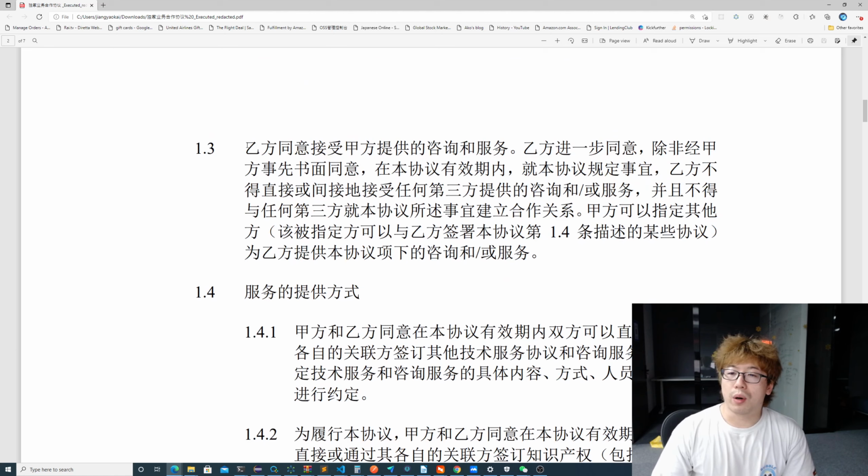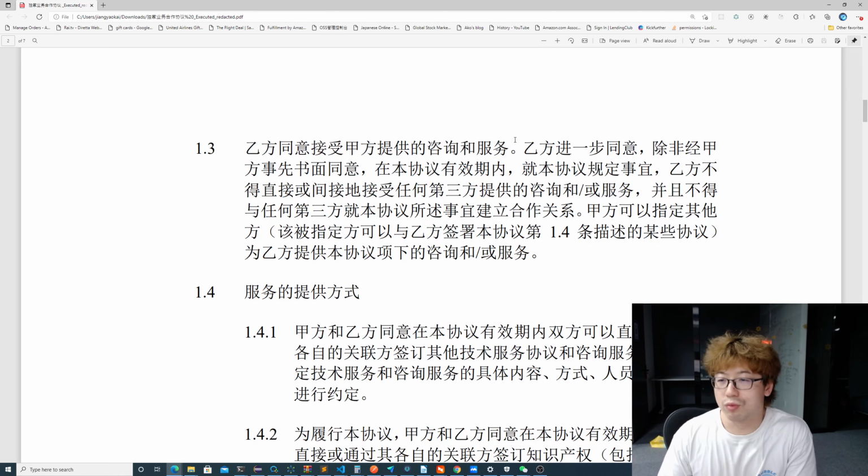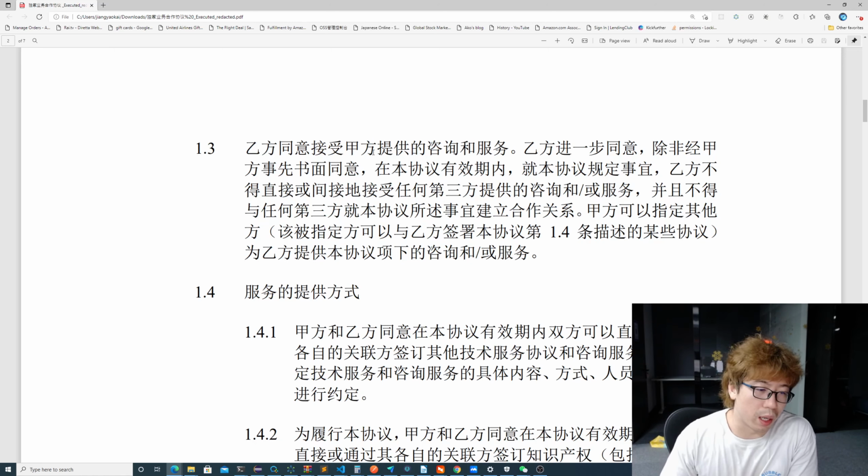And then Party B shall not, without the formal consent of Party A, within the validity of this contract, directly or indirectly accept any third-party consulting or service. But really, the two parties are controlled by the same people, so whatever, this will happen.